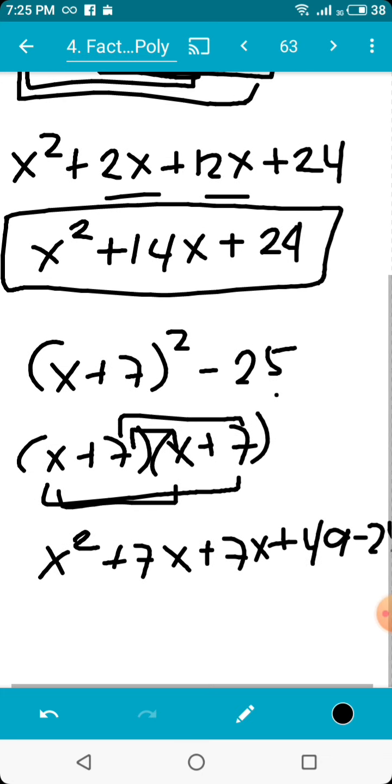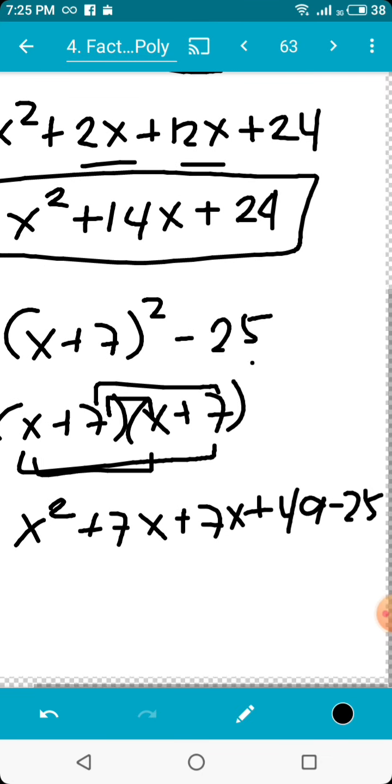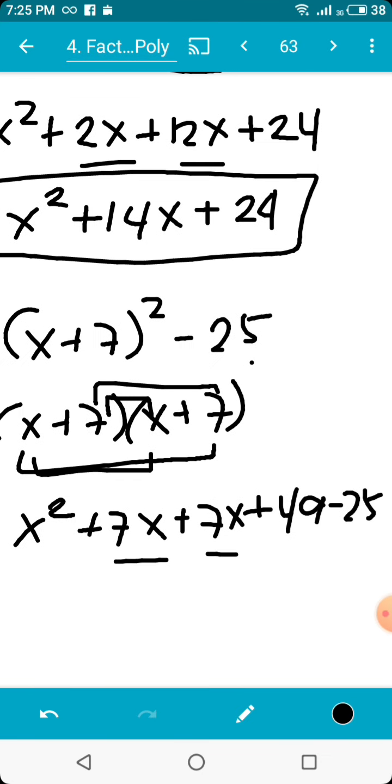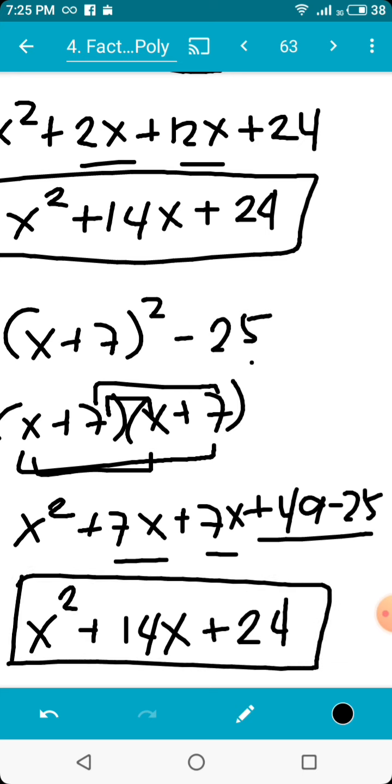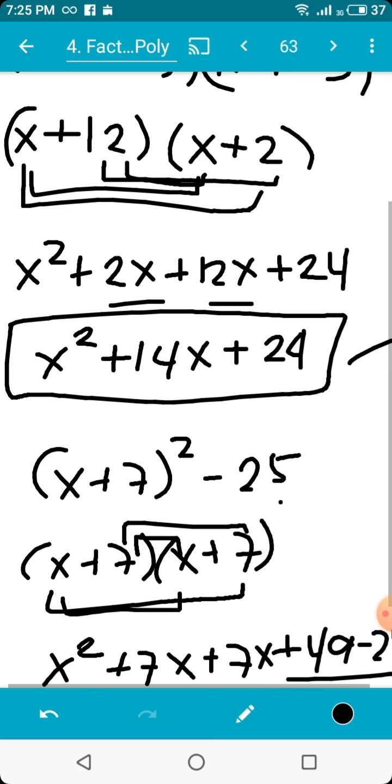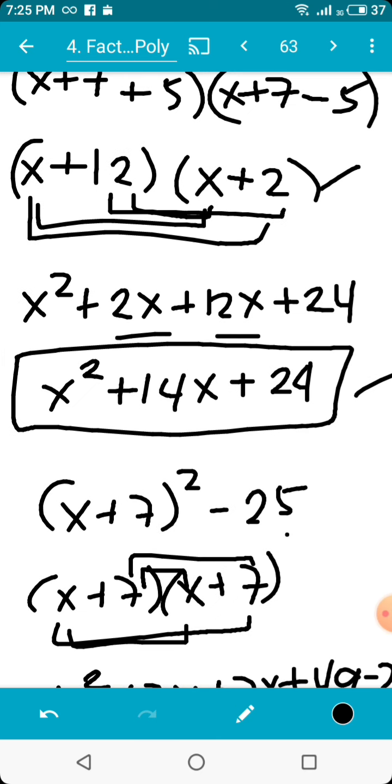Okay? So, simplify natin by combining our terms. So, we have here 14x, and then constant term natin, 49 minus 25, that is positive 24, and then just bring down yung x squared. Okay? So, ito yung product nila, and same naman sila. So, ibig sabihin, tama yung nakuha nating factors na x plus 12 and x plus 2. Okay?